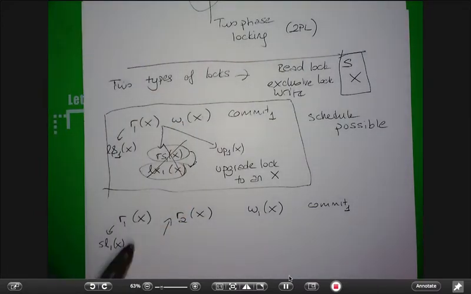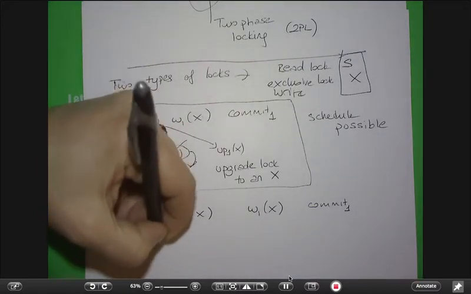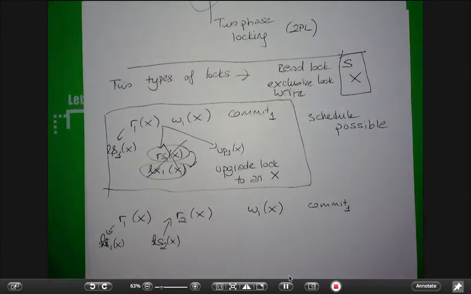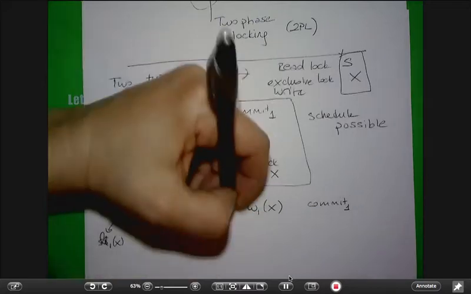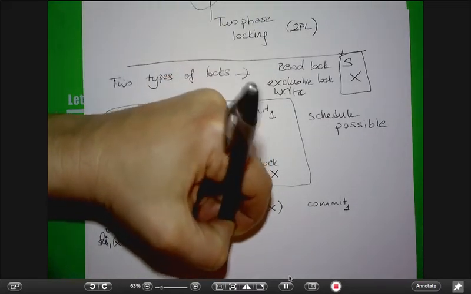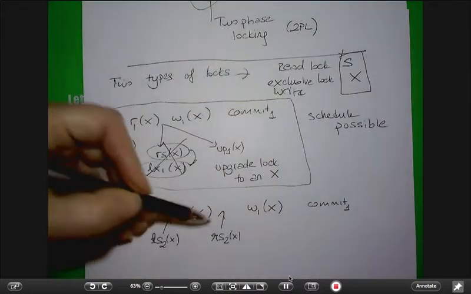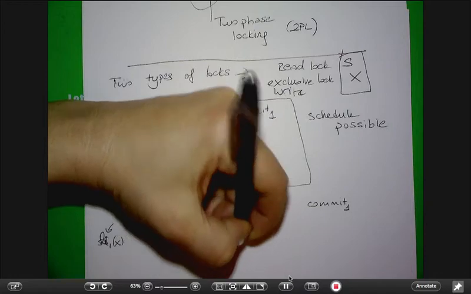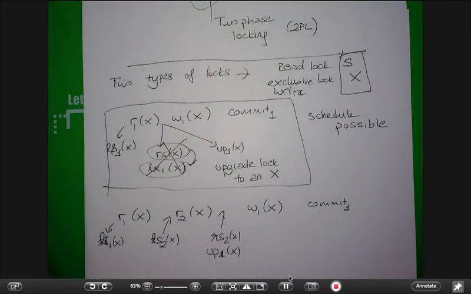Then for this to happen, transaction 2 has to lock with shared. Then for this to happen, transaction 2 has to actually release the lock, so that only transaction 1 is holding a lock. So transaction 2 is going to release the shared lock, at which point transaction 1 can upgrade the lock, and it can continue and commit. So this schedule is possible, right?